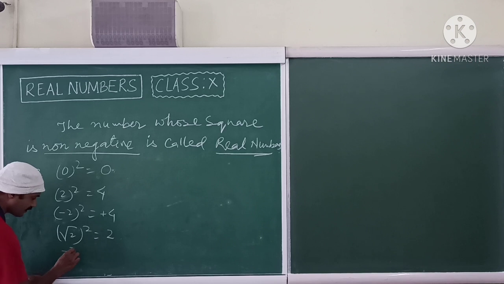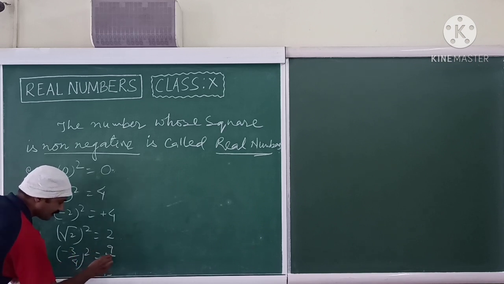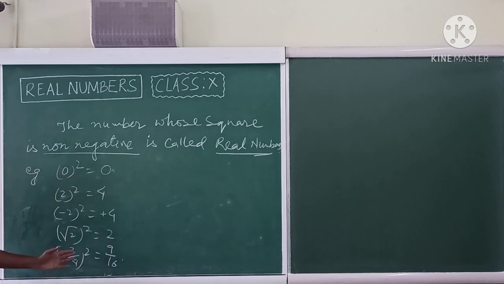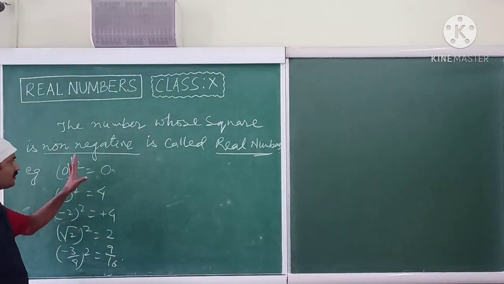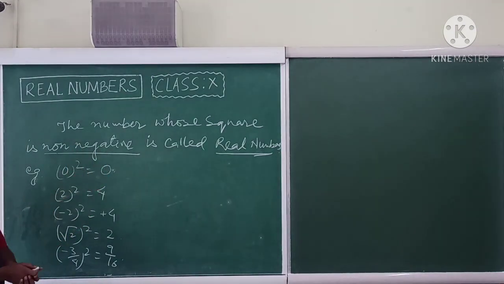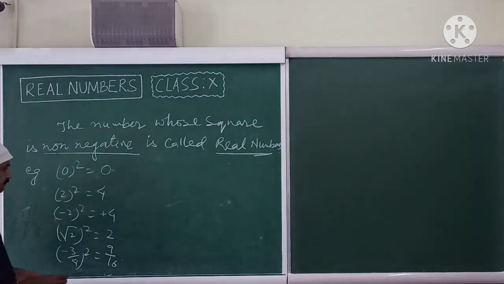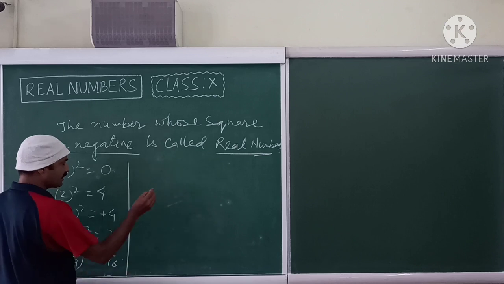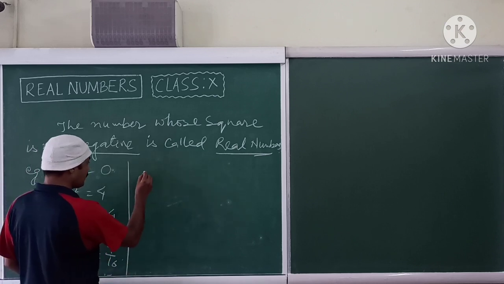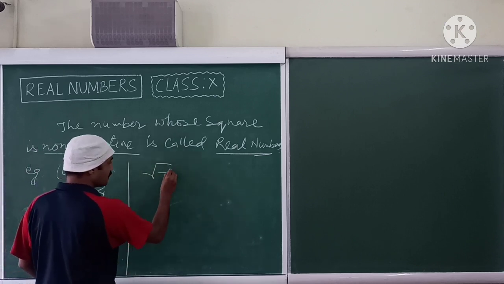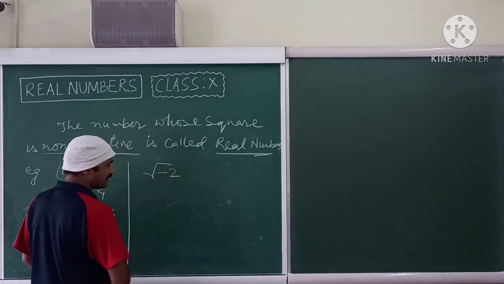Suppose we take -3/4 and square it, we get 9/16, which is also a real number. The number whose square is non-negative is called a real number. Let us take another example: under root -2.